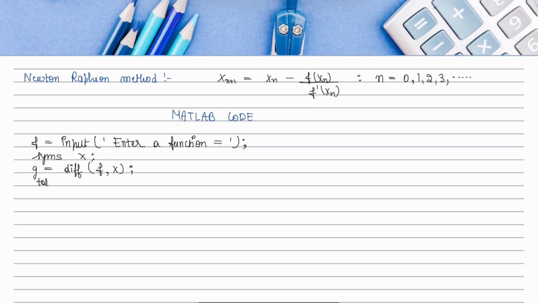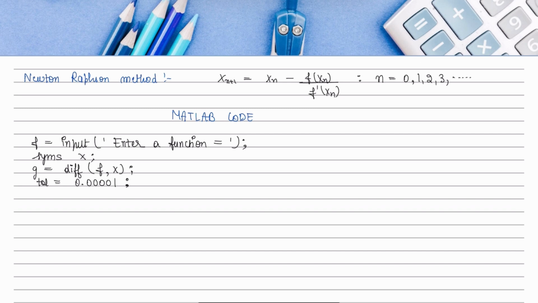Defining the tolerance, you can define the tolerance as it is asked in the question. The next step of the function is to find the interval where the intermediate value property holds.